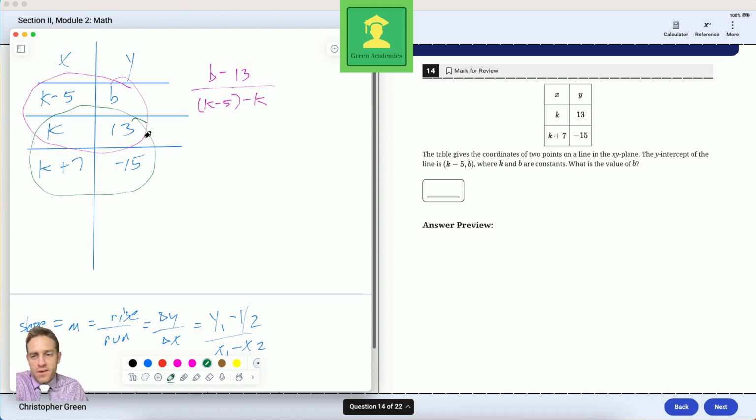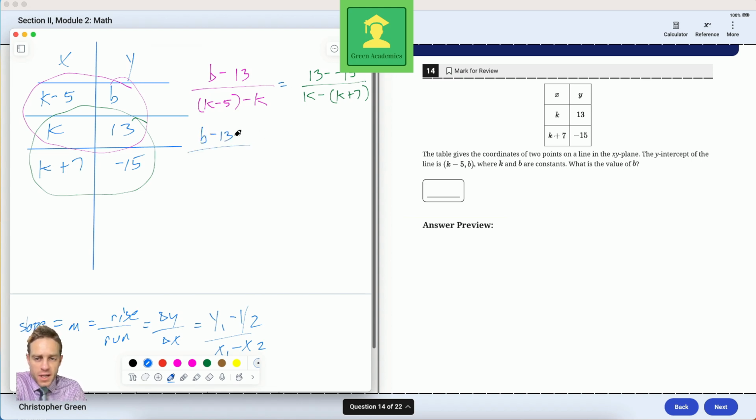And then for the slope conjoining the bottom 2 points, it would have been 13 minus negative 15 over k minus the quantity k plus 7. But since this is a line, the slope that conjoins any 2 points has to be the same. So this has to equal this, and we can just clean this up and solve.